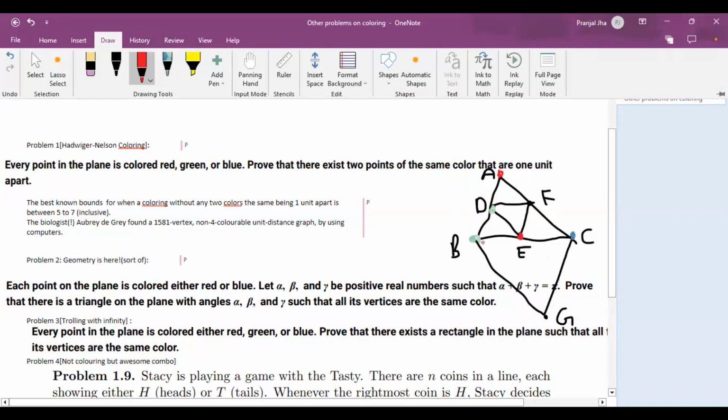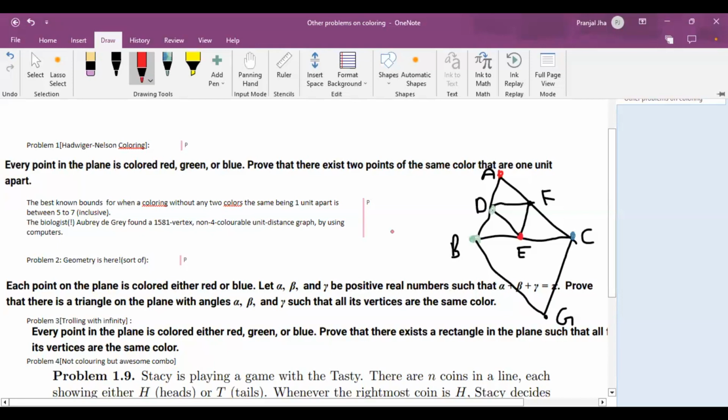Does everyone see how, in general, if point X is blue and point Y is blue, then the midpoint of line XY has to be red? Does everyone see that?